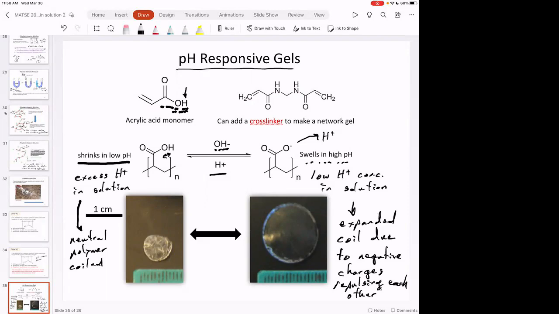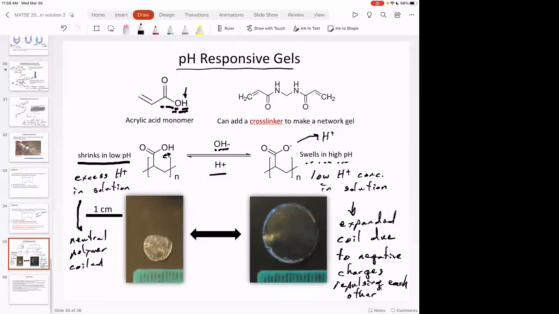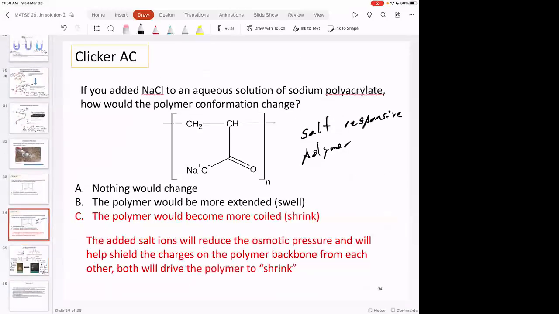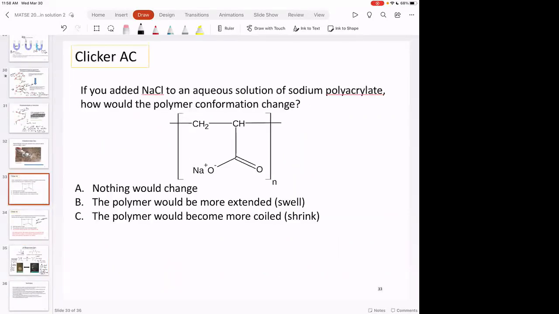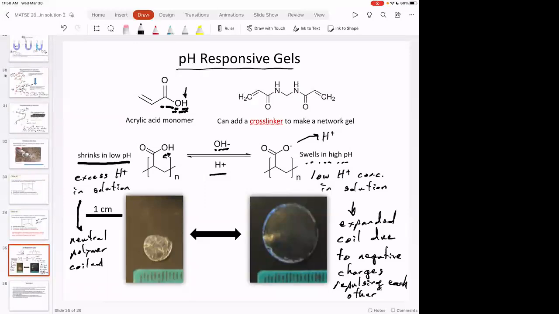Questions, comments on that? All right, so this is really interesting, and it's useful if you start with the basics of what's happening with the polymer chain. What chemistry in the polymer do you need to make it salt responsive or pH responsive? And then what might happen depending on whether you're pairing ions or unpairing ions. And the thing to remember is unpaired ions, the coil stretches out, things can dissociate, that's good.